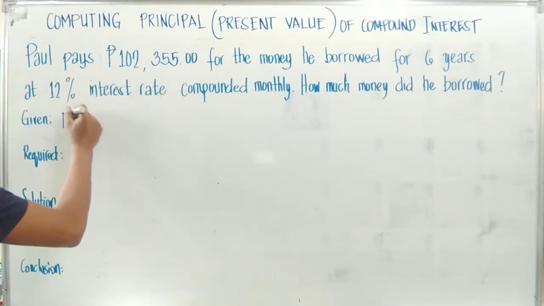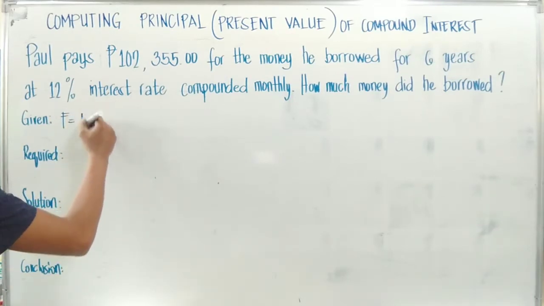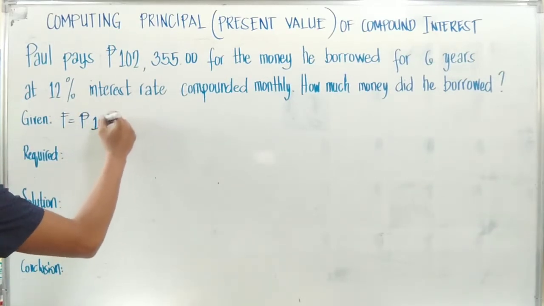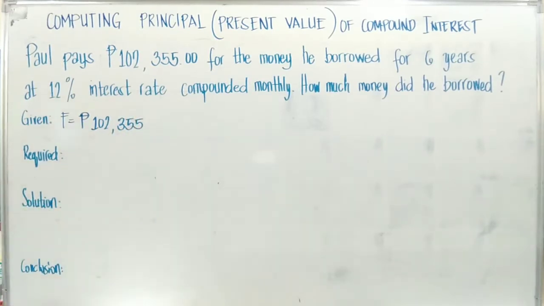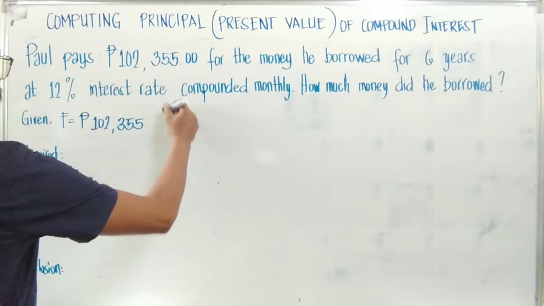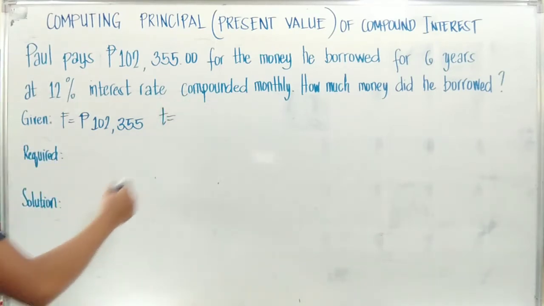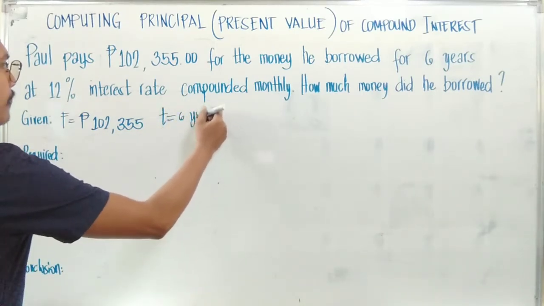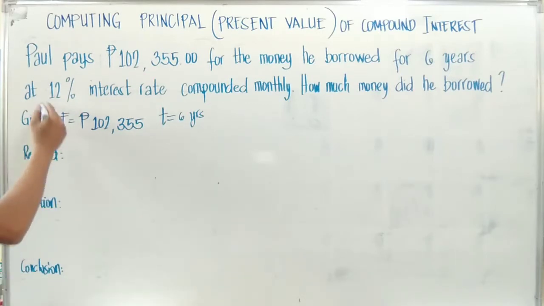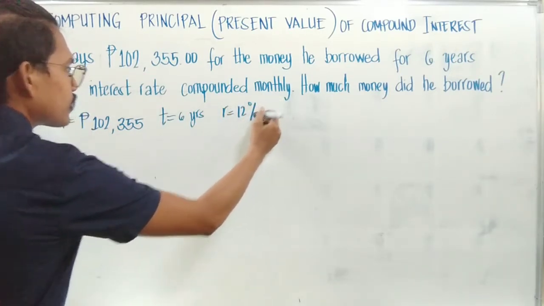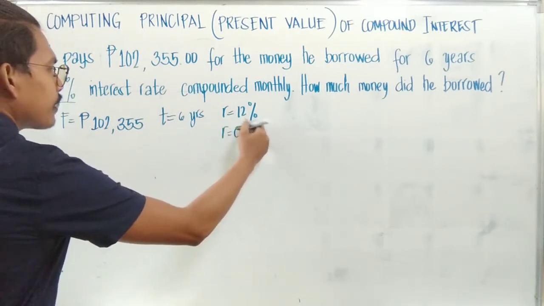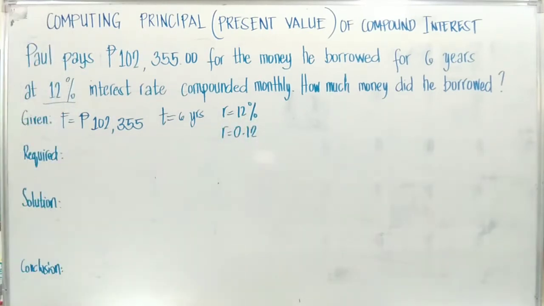The money he paid is your future value, that is 102,355. Then the duration is 6 years. Then your rate is 12%, so converting, we have 0.12.